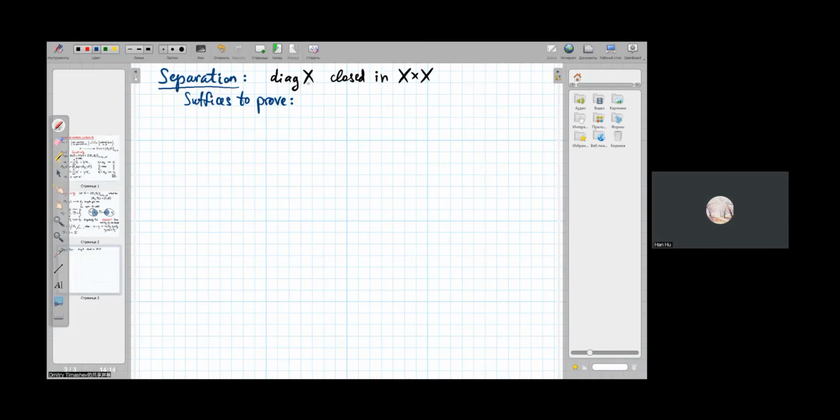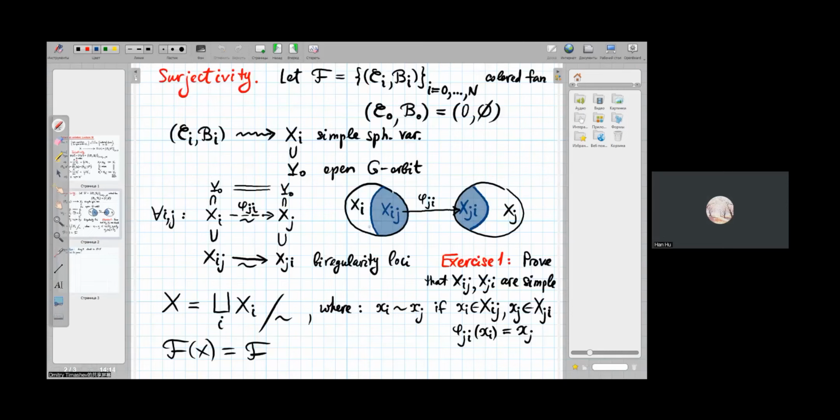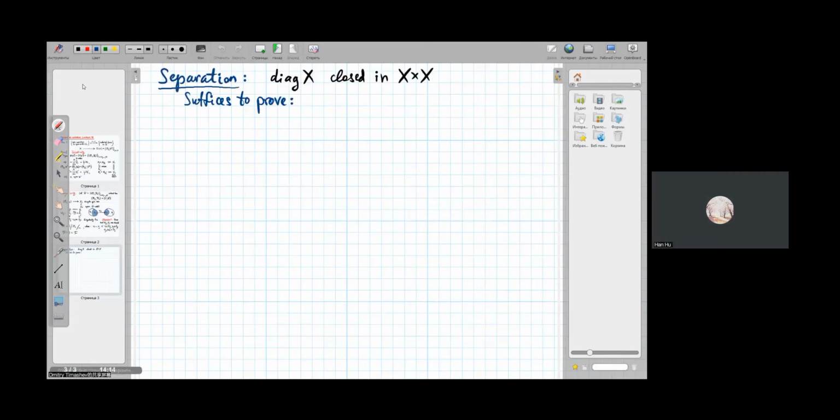But this intersection of the diagonal of X with Xi cross Xj, under our identification, since Xi and Xj are glued exactly along these two subsets Xij isomorphic to Xji, so it suffices to prove that Xij diagonally embedded is closed in Xi cross Xj for any i and j.